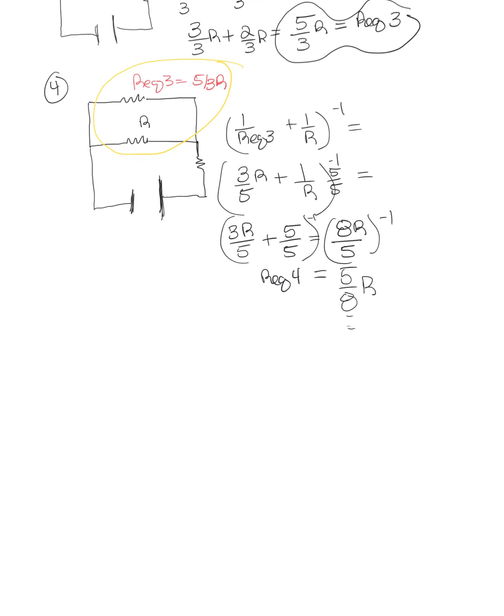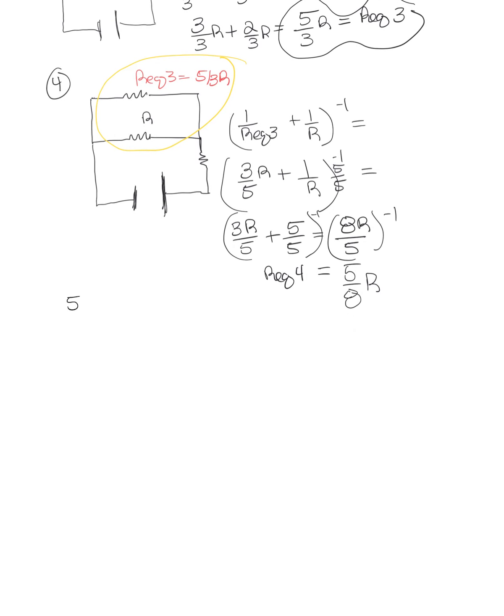Okay, and then let's redraw our circuit for our fifth analysis. We've gotten rid of this portion, and now we're left with a portion that is equivalent to the two of those. That's what equivalent means, equal.